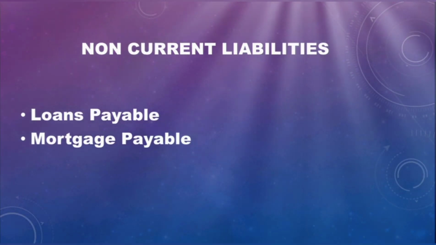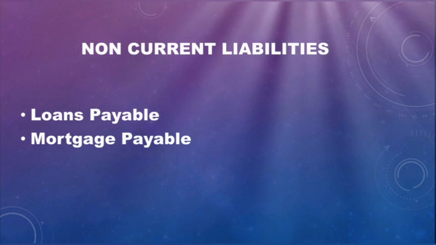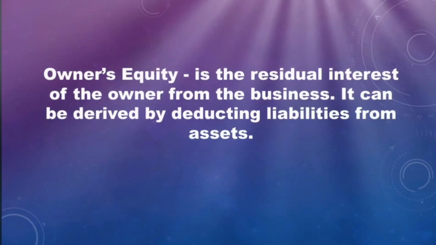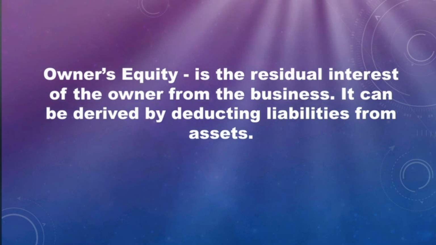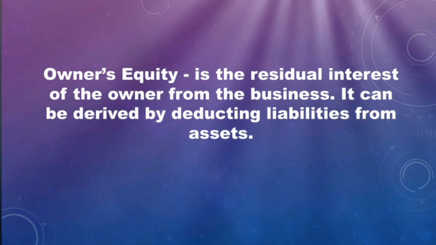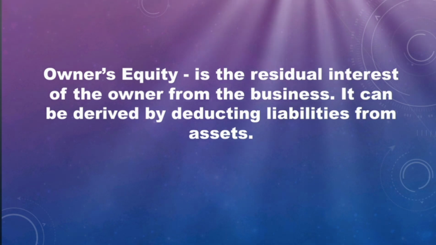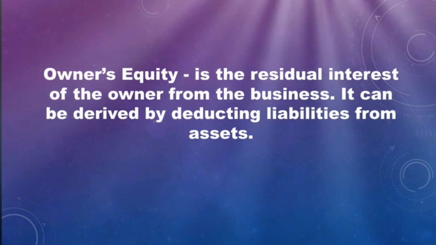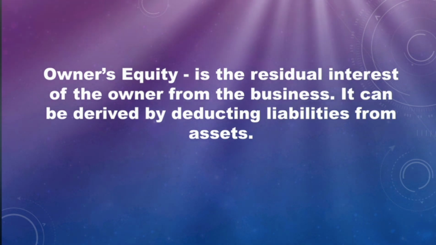Next, we have the non-current liabilities, which include loans payable and mortgage payable. Next, we are going to proceed to owner's equity. Owner's equity is the residual interest of the owner in the business. It can be derived by deducting liabilities from assets.